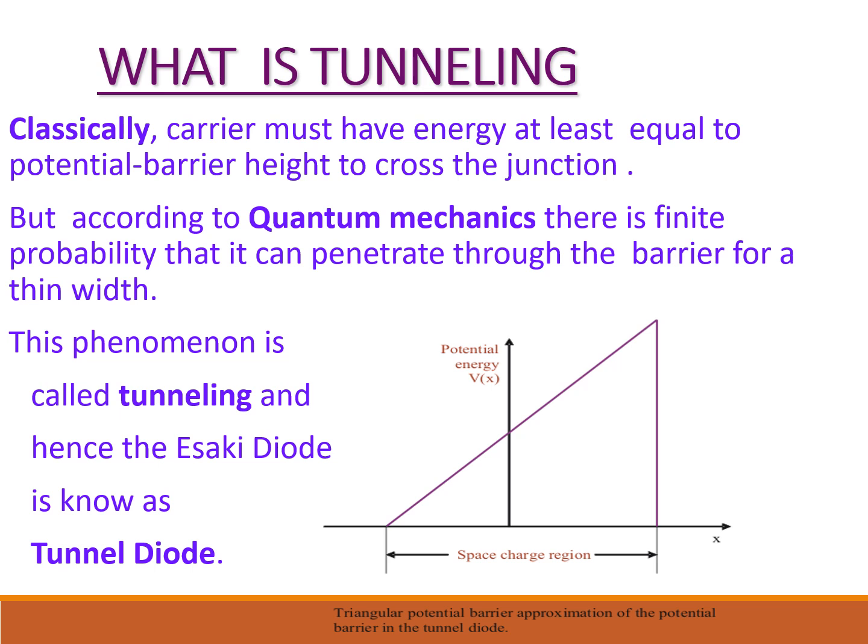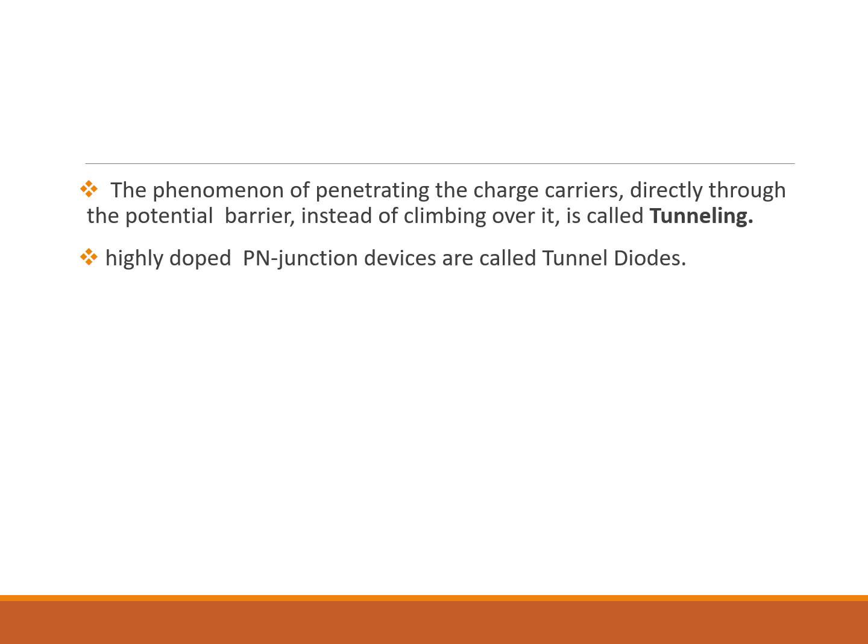This phenomenon is termed tunneling, hence the name. According to quantum mechanics, there is a finite probability that a carrier can penetrate the barrier for its width. Hence it is termed the tunnel diode.